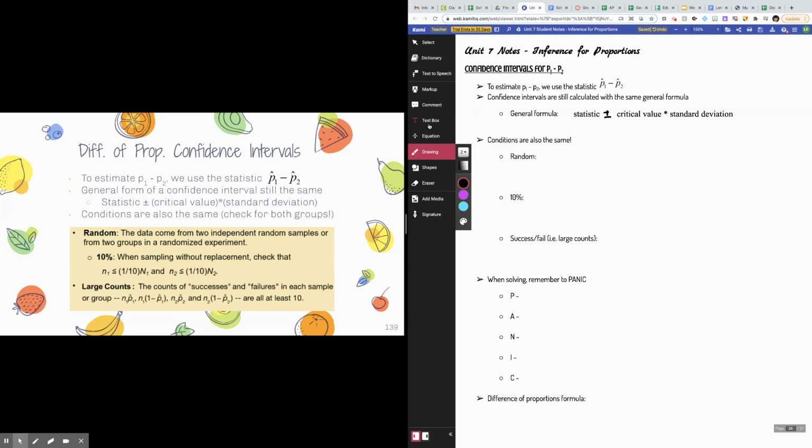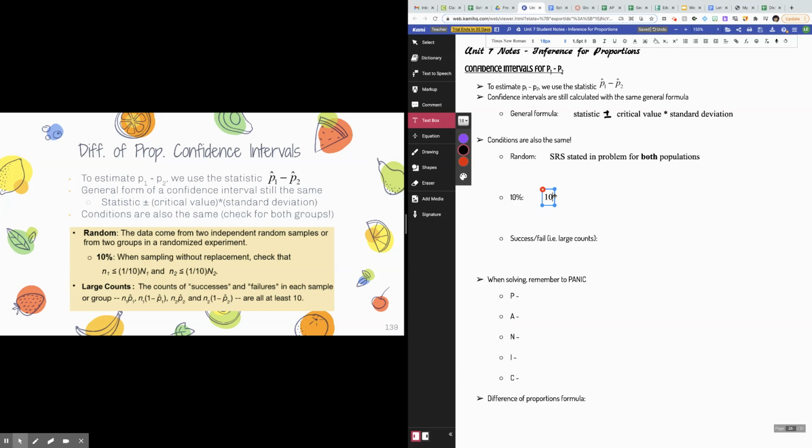And shocker, the conditions that you're used to are also still the same. So you still have to check that you have a simple random sample stated in the problem for both populations. That's the difference: you have to check each condition twice, essentially. So randomness, 10%, which remember is that your sample can be no more than 10% of the whole population.